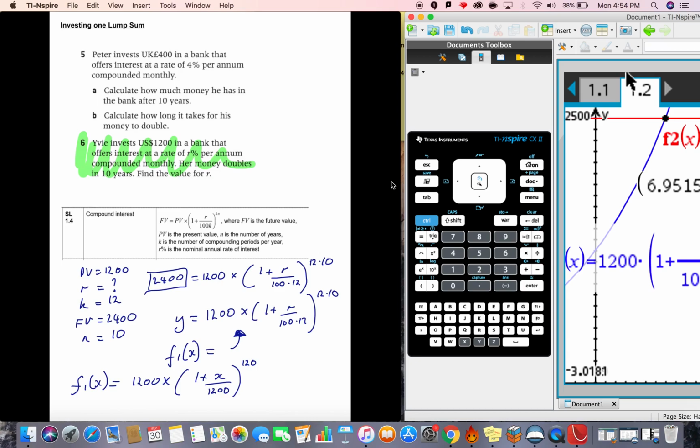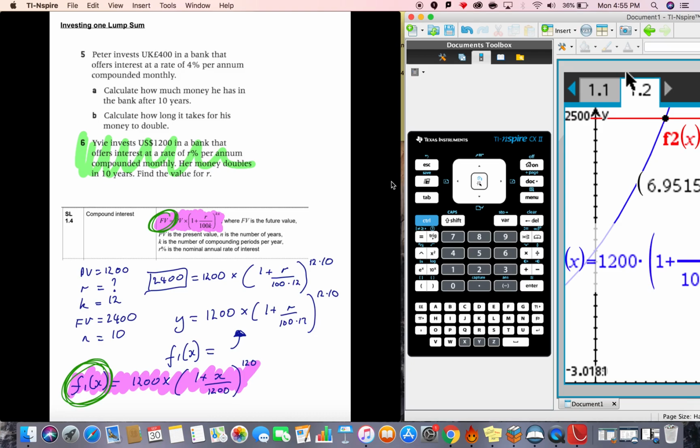If you compare this function we're graphing with the compound interest formula, on the y-axis we are plotting the final value.